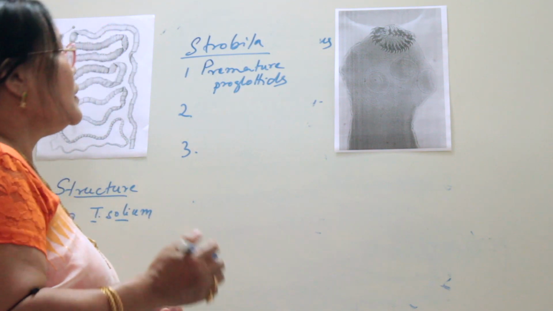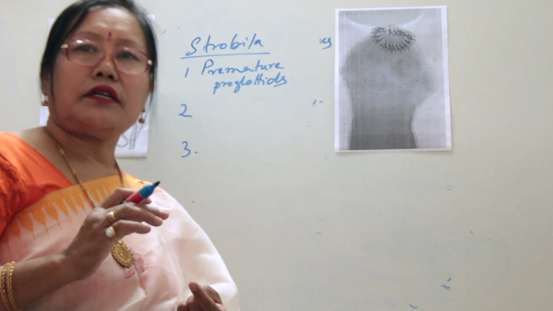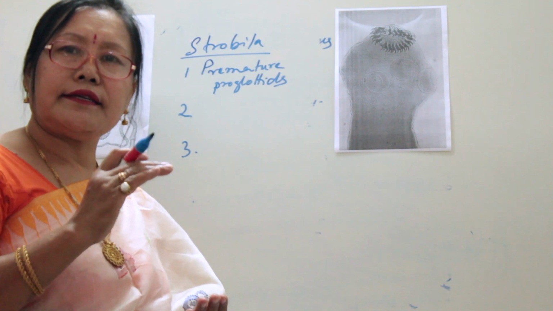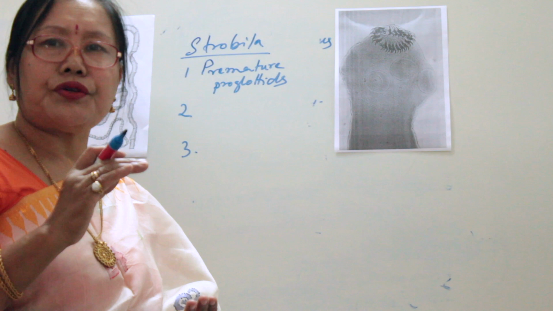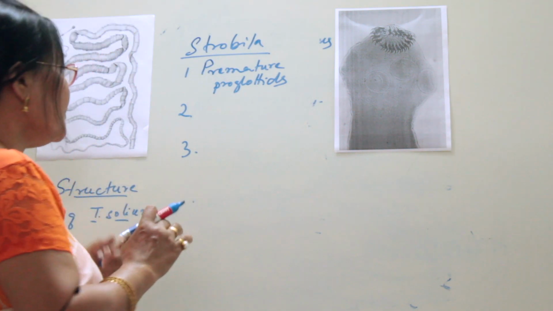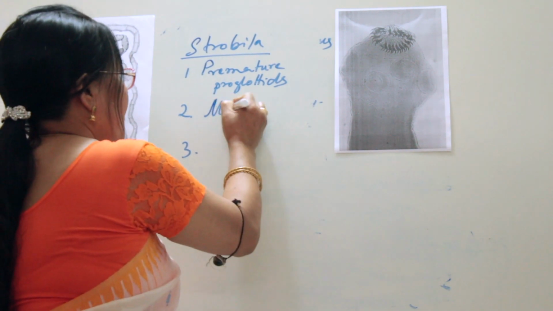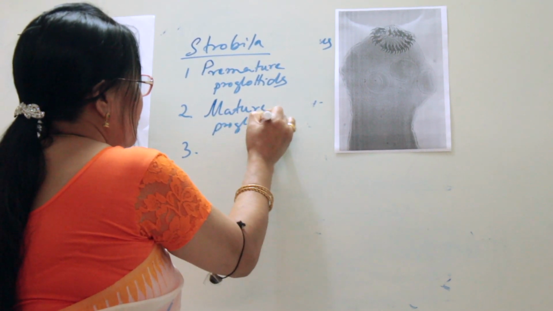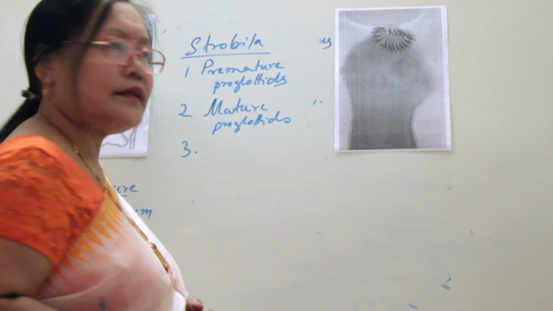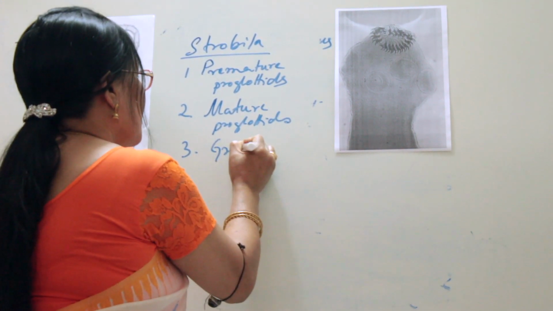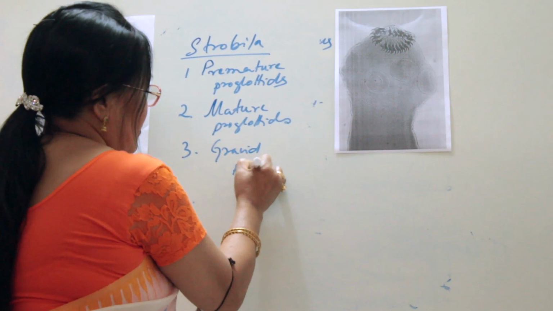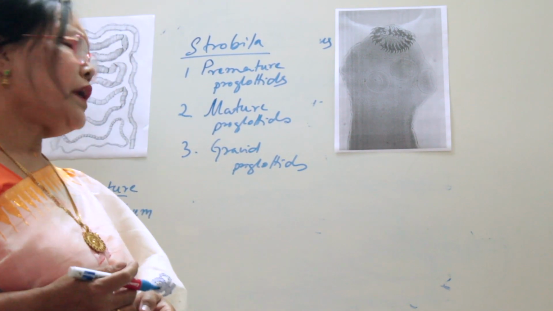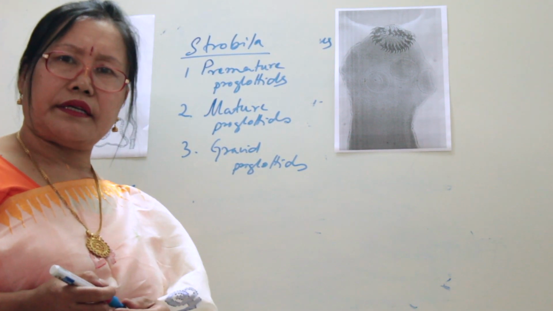Then the proglottids are divided into three regions. The region near the neck is known as the premature proglottids, the middle one is the mature proglottids, and the third one is the gravid proglottids. Why are these three regions separated?